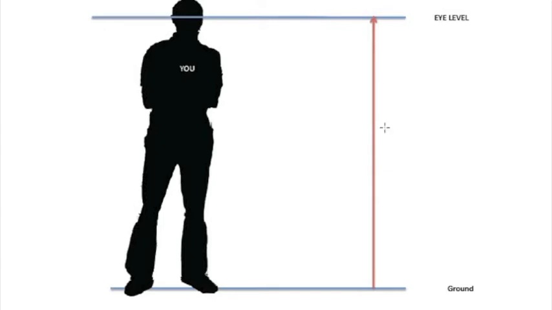Eye level is really simple. It's basically the distance from the ground that you are standing on to your eyeballs. So if you are 5'6" or 5'5", somewhere around 5'1" from the ground plane that you're standing on, that's going to be your eye level, because that's where your eyeballs are.